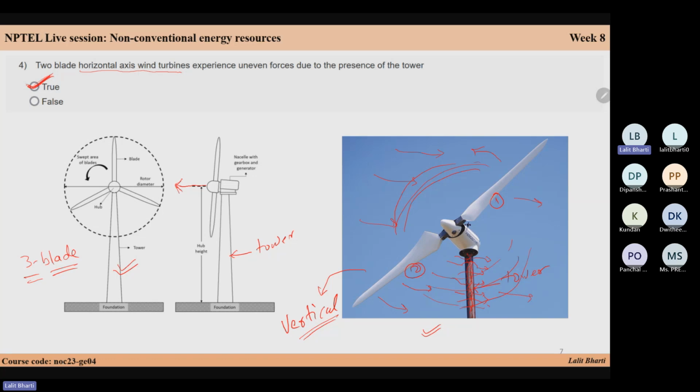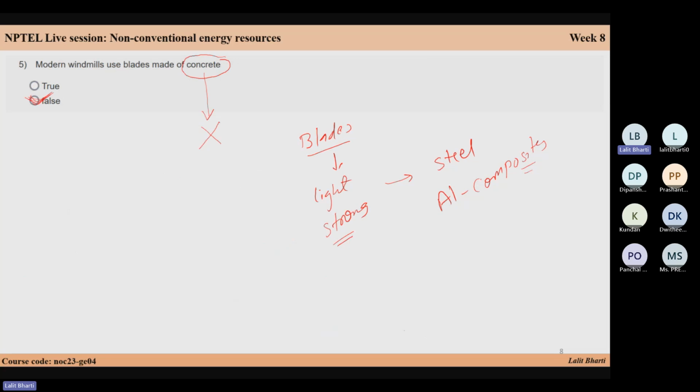Then we go to our next question. It says modern windmills use blades made of concrete. That is clearly incorrect, because concrete does not meet our criteria. We just saw in the first question what the criteria should be for a windmill blade design.